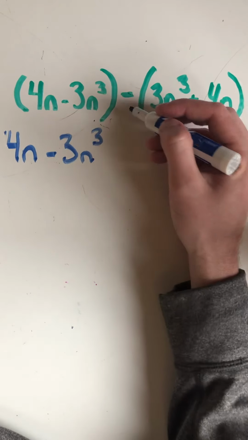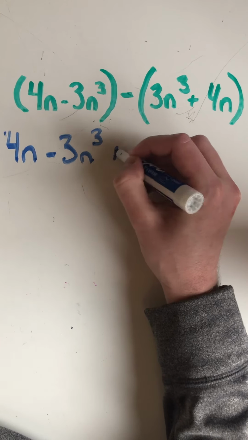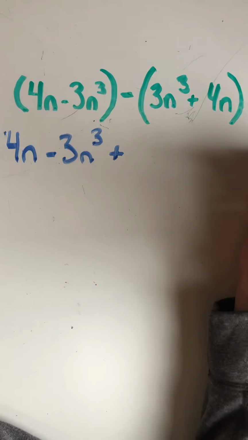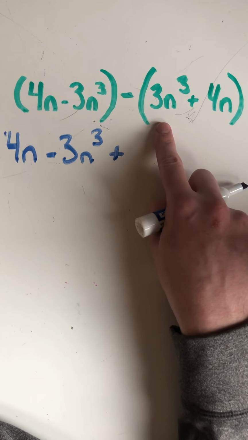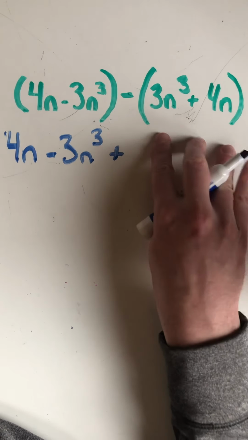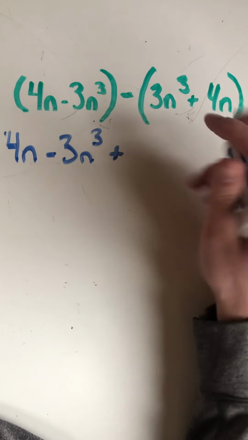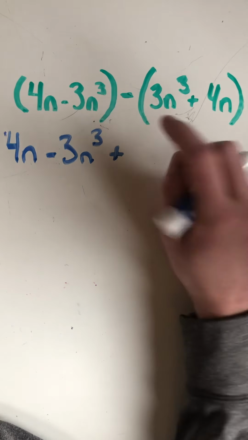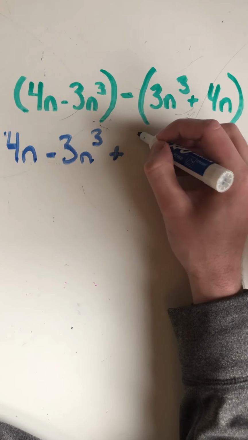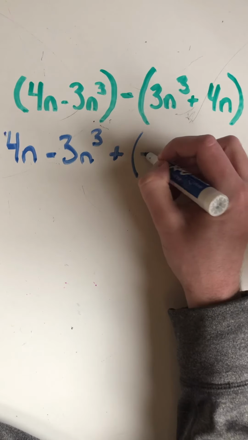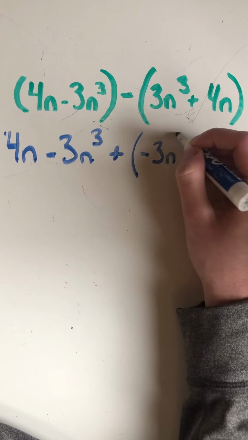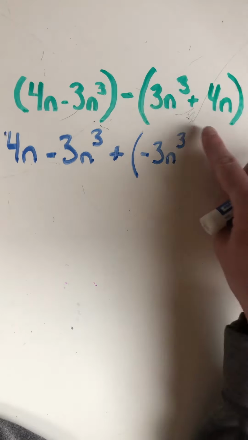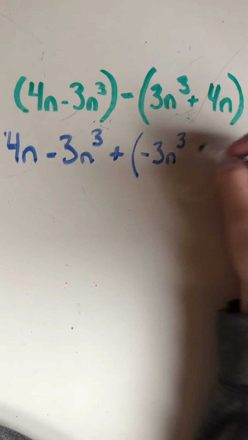Now I'm going to flip my subtraction sign, and I'm going to flip each of the signs inside of this binomial. So positive 3n to the third will become negative 3n to the third, and this addition sign will switch to subtraction.